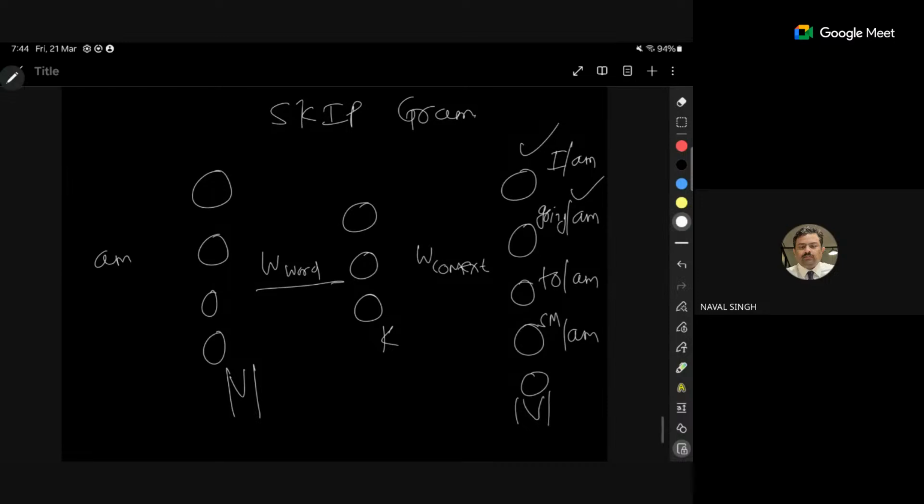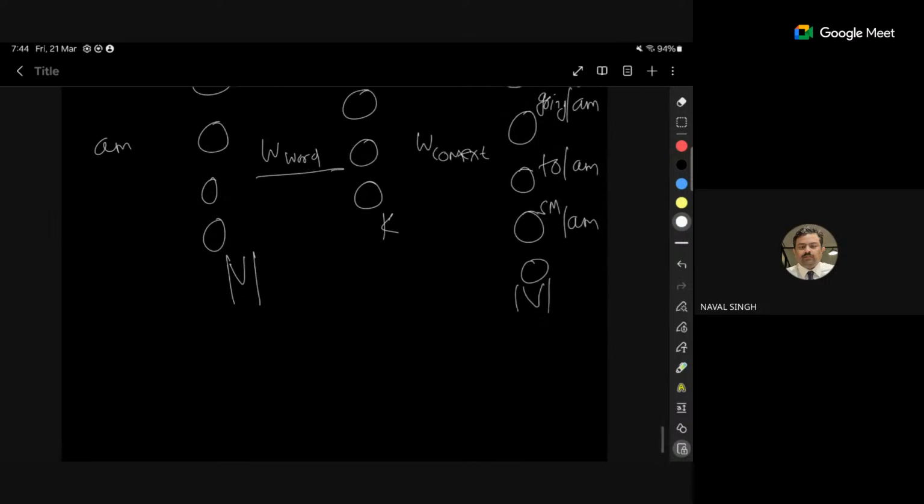So this is what skipgram is. It's the same as earlier, just I have to take more words in the prediction. Earlier I used to take one word, the next word, because I required only one. Now I want to predict two words, so I'll take both of them, the context of M. We might not get the best thing around it, but that is okay. It will automatically learn and update.